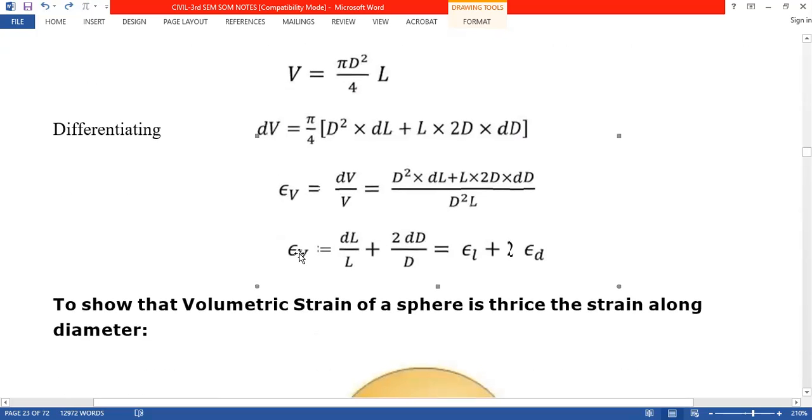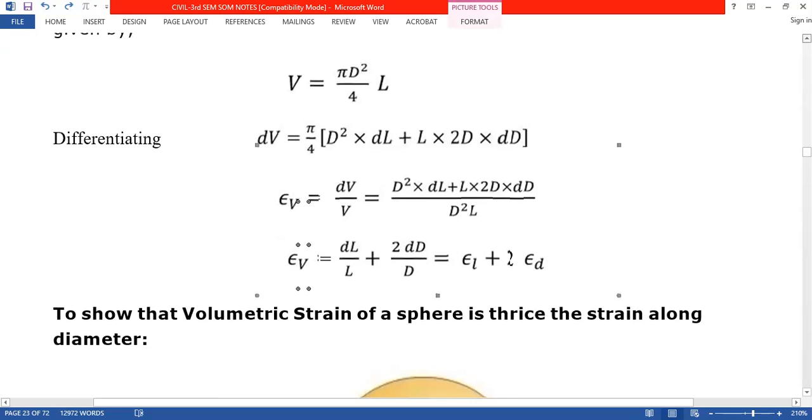So you can write easily that volumetric strain is equal to strain along the length plus 2 times the strain along the diameter. So epsilon L, strain along the length, plus 2 times the strain along the diameter.